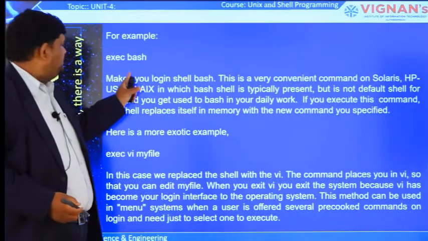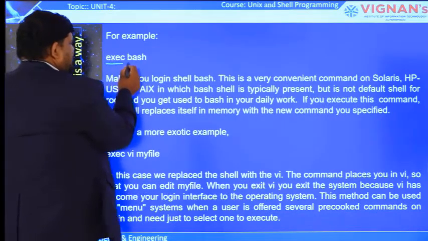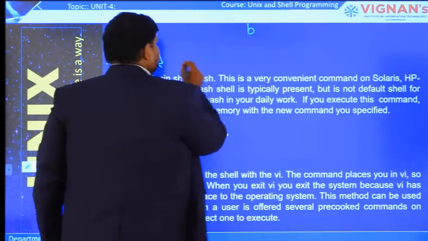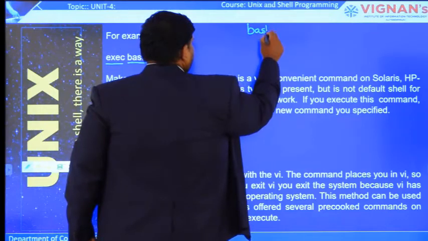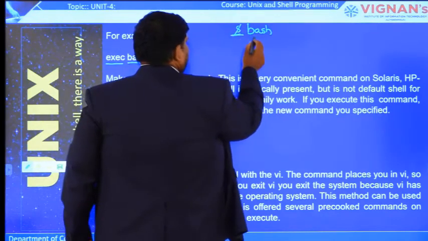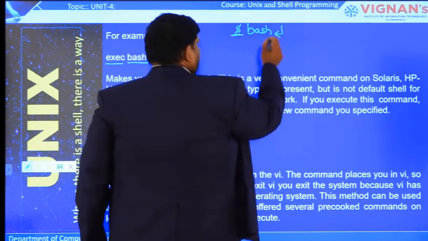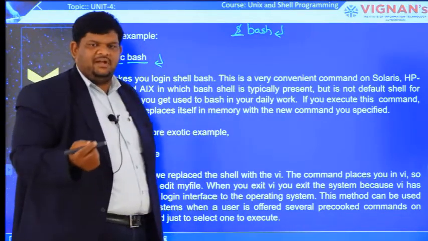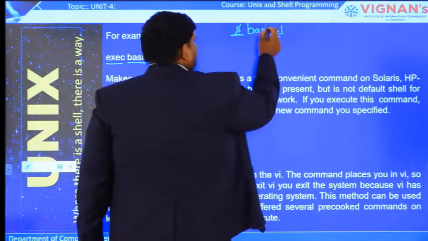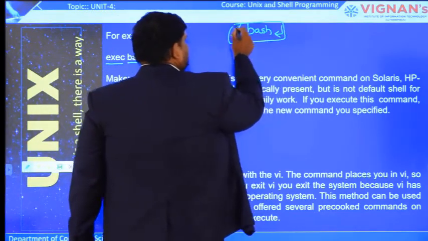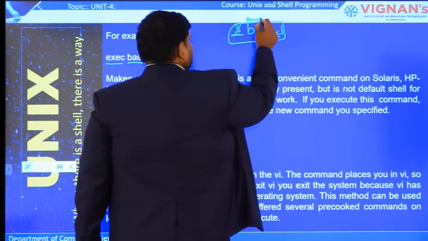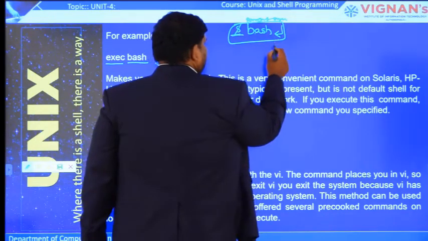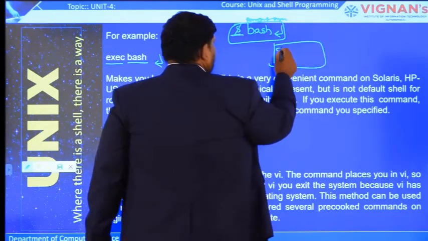Here, if you observe this example, I am writing exec space bash, and after that, enter. What happens without exec? If I write bash at the shell prompt and press enter, assume this is the parent shell, the parent process. After typing bash and enter, this shell prompt blinks like this.